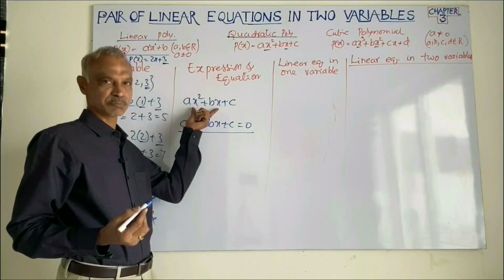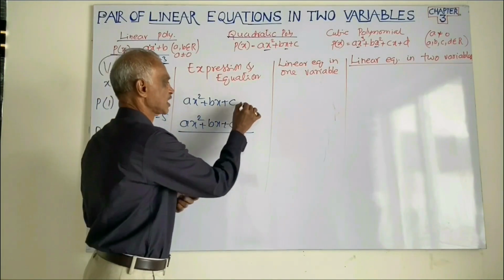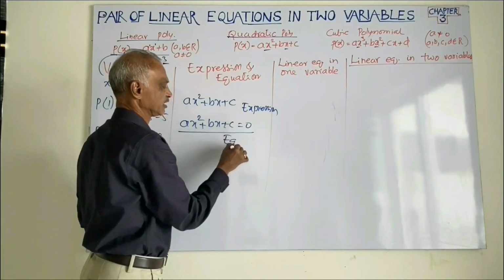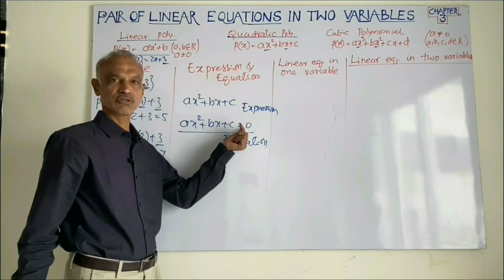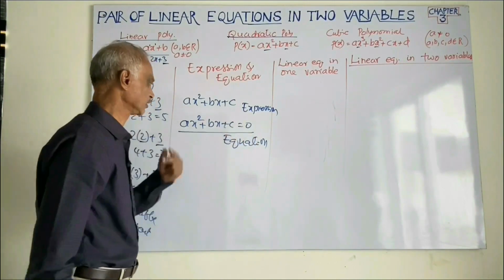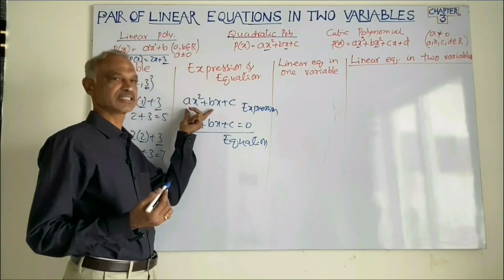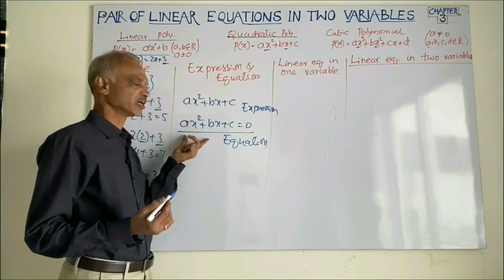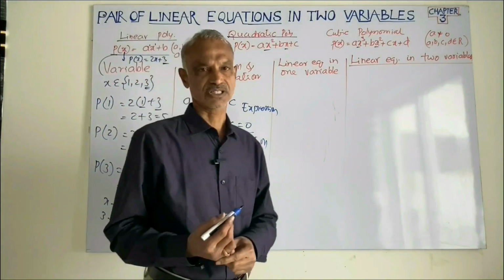This is an algebraic expression, a quadratic expression, and this is an equation. The equation will have some value. It is equal to 0, or equal to 2, 3 or anything you can take. But an expression doesn't have any value. This is a quadratic expression and this is a quadratic equation. You should know the difference between expression and equation.